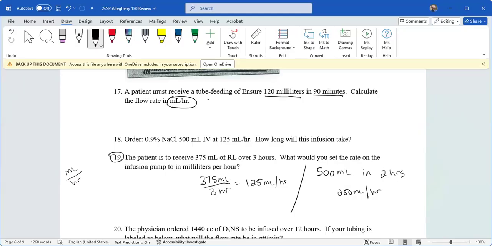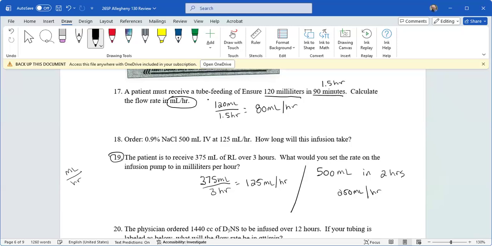The thing that I immediately do is I say 90 minutes, that's the same thing as 1.5 hours. And if you're like me and you do that, then you just take the 120 ml over the 1.5 hours, and then it looks like we get 80 ml per hour.